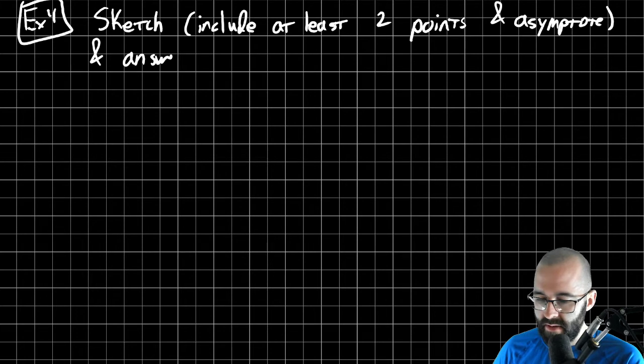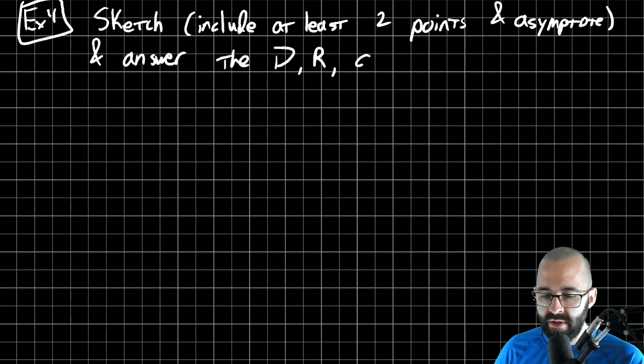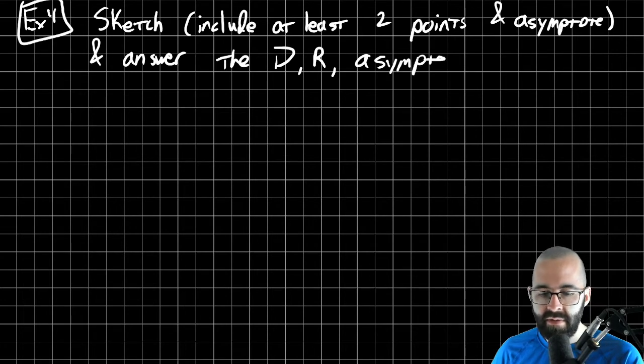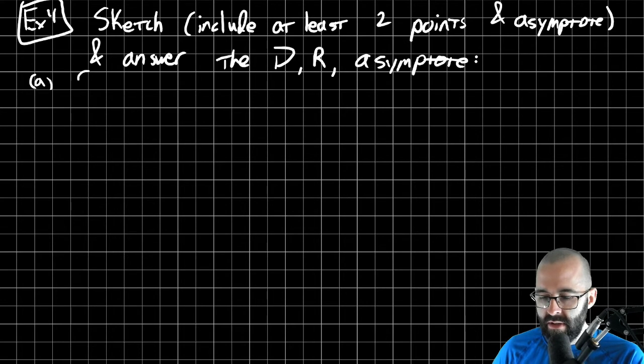And answer with the domain, the range, and the asymptote. So again, basically just like we've been doing this whole section, just some slightly more complicated things.